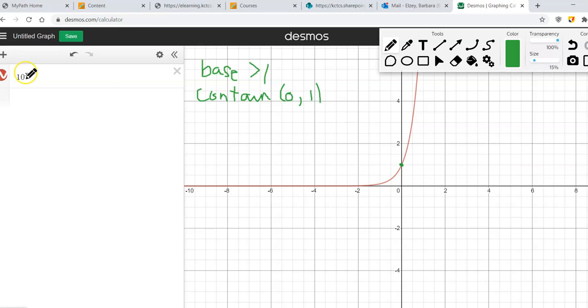Now, this one had 10 to the x, and I may need to adjust my window so that you can see this. Let's see if I can adjust the window here. Or I'll tell you what, let's change it back to 4 to the x over here. It's not going to let me.